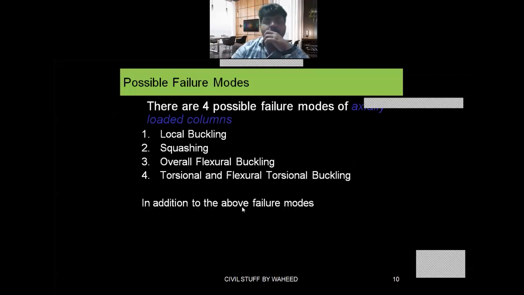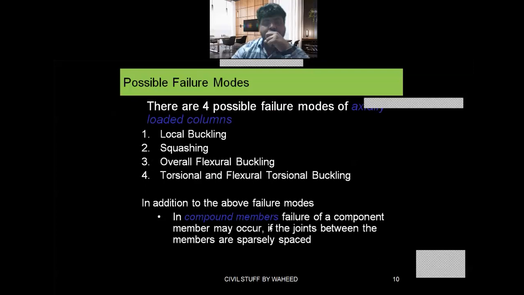Okay. In addition to the above failure modes, in compound members, failure of a component may occur if the joints between the members are sparsely spaced. Means what? Other than rolled steel sections, we go for built-up sections. Those are nothing but called compound members.